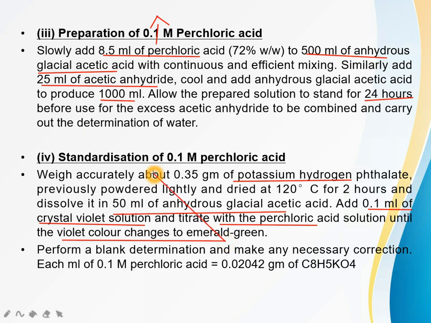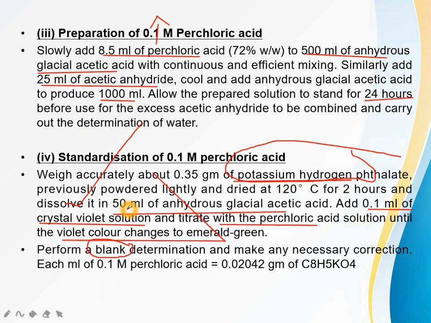After performing the standard, you have to do a blank determination. Blank means doing the same procedure by omitting the sample. Here the sample is potassium hydrogen phthalate. You have to repeat the experiment by removing the potassium hydrogen phthalate.